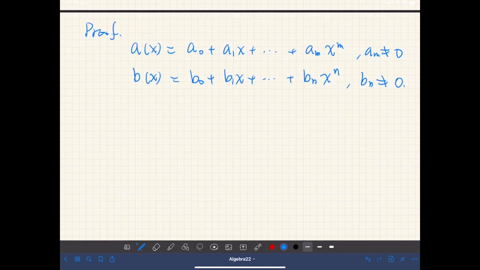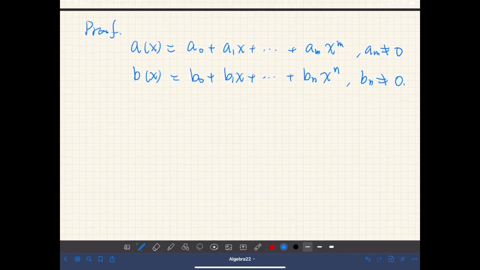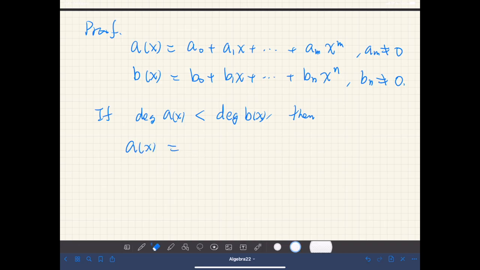And first we consider the trivial case. So if the degree of a of x is less than the degree of b of x, then we have a of x is equal to b of x times 0 plus a of x.